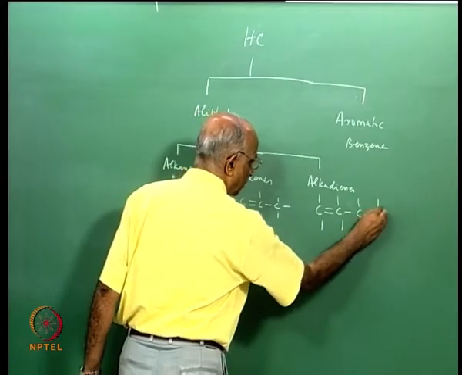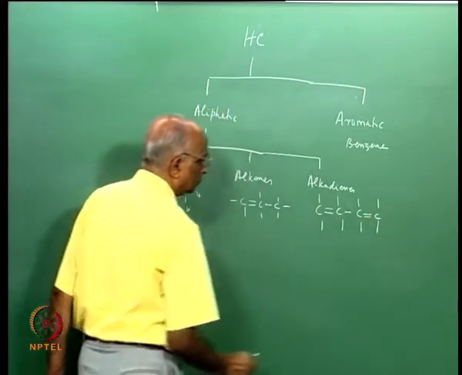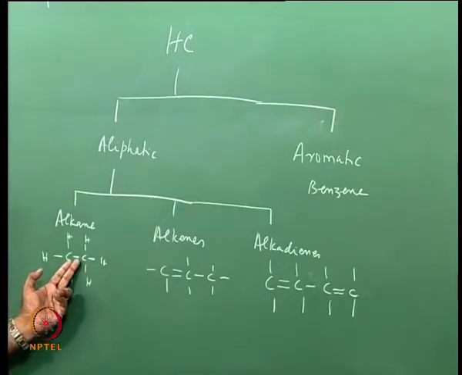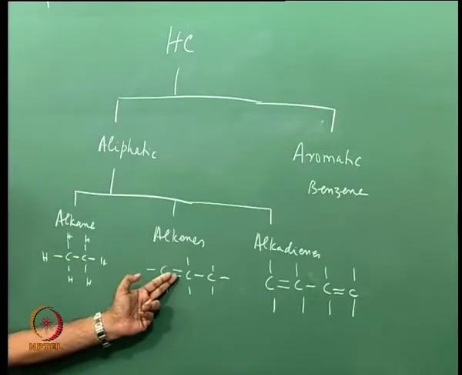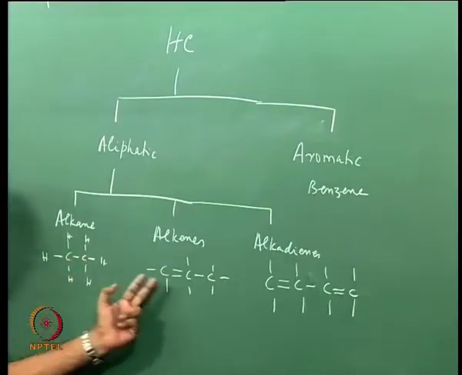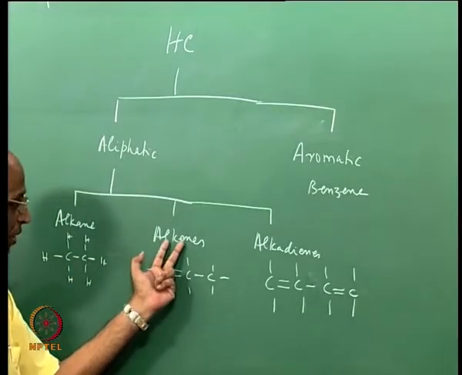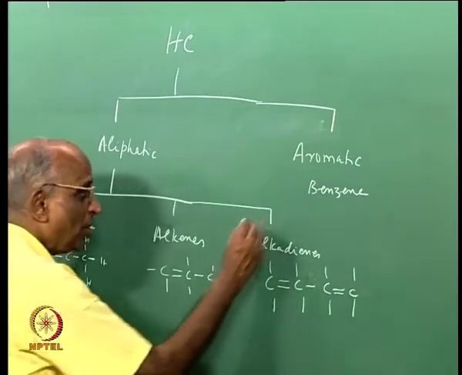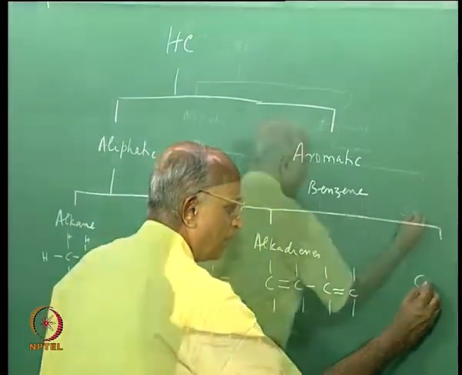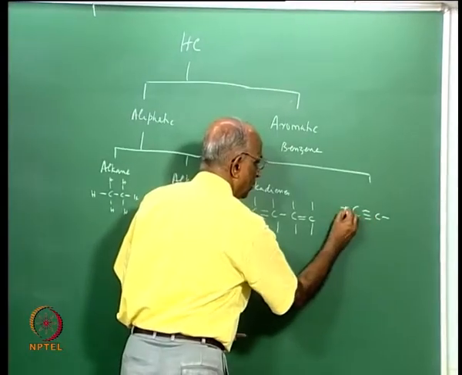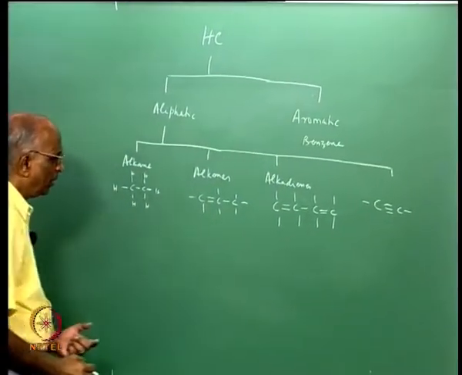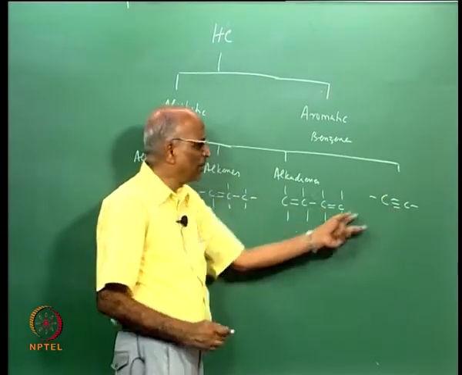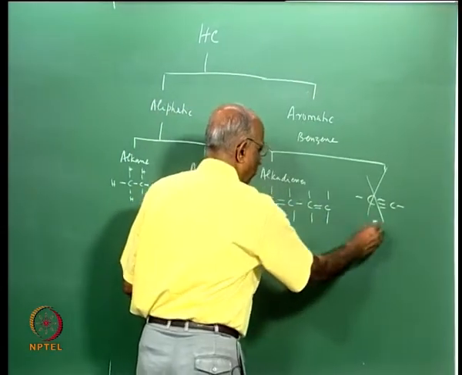We could have a single chain with all single bonds, we could have 1 double bond which we call alkenes, we could have 2 double bonds, and we could also have a triple bond like acetylene, C2H2. The triple bond is highly unstable, acetylene is an explosive, therefore we cannot use such compounds.